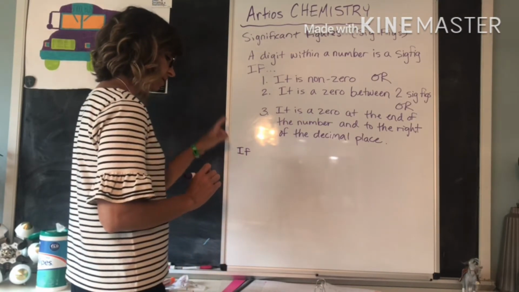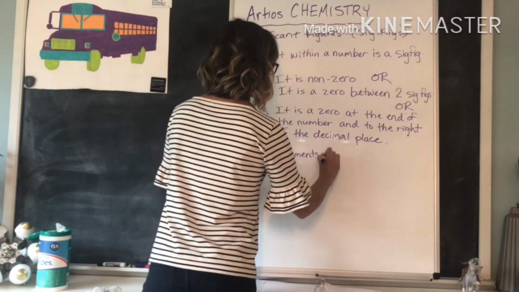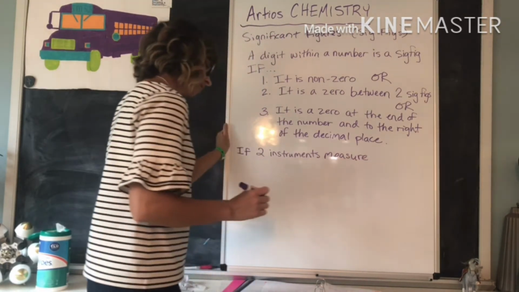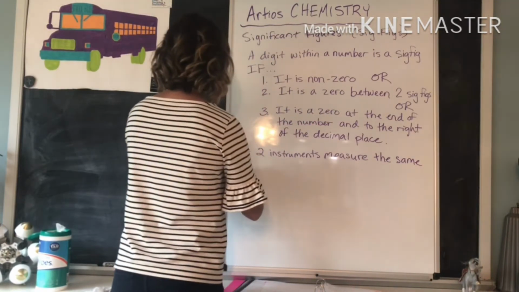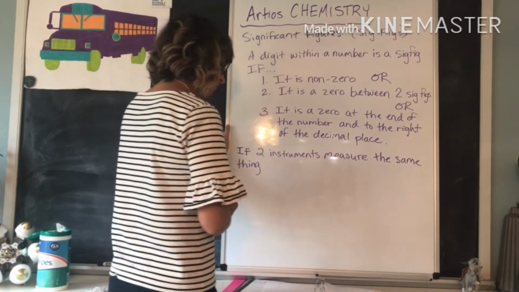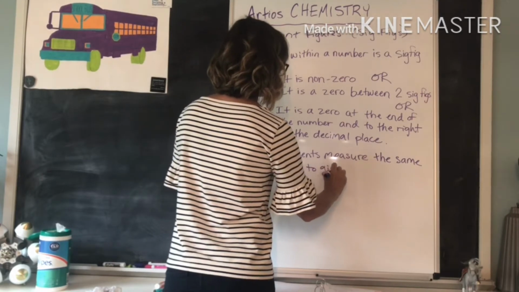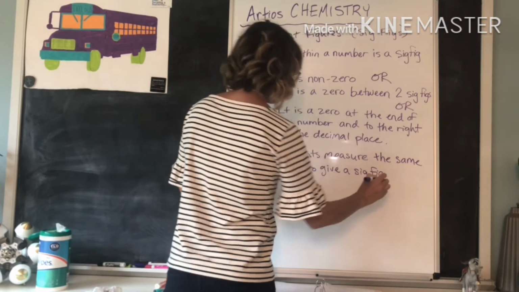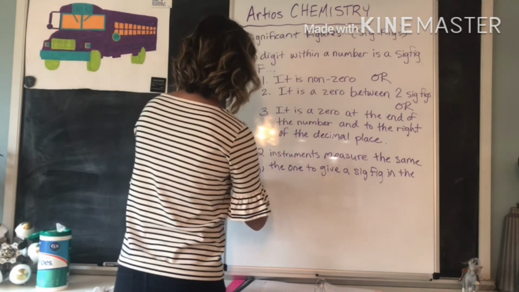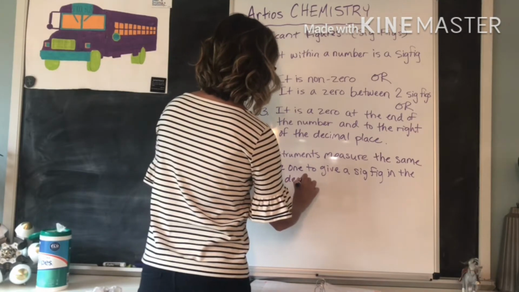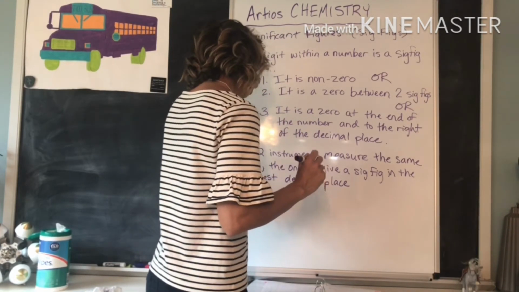So, significant figures help because if two instruments measure the same thing, the one to give a Sig Fig in the smallest decimal place is more precise.